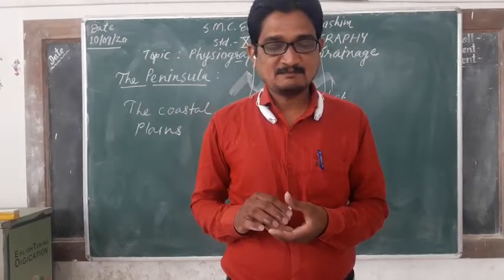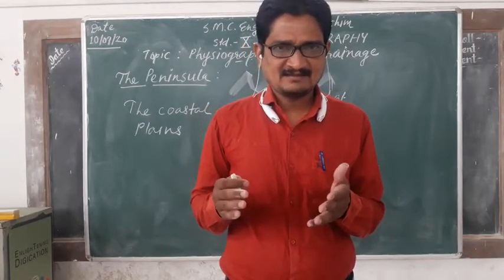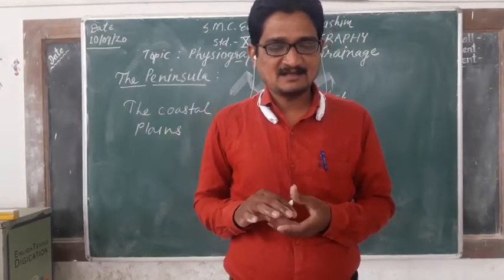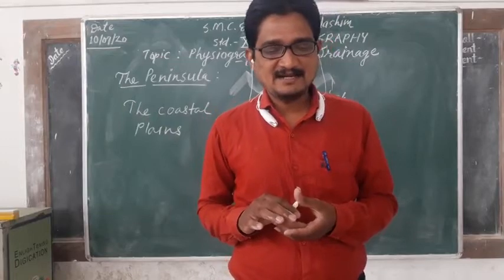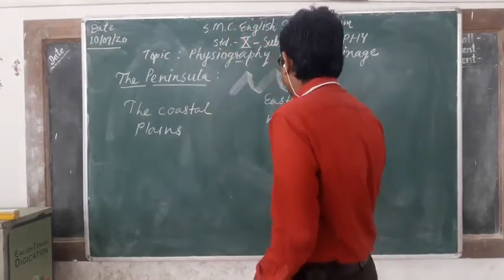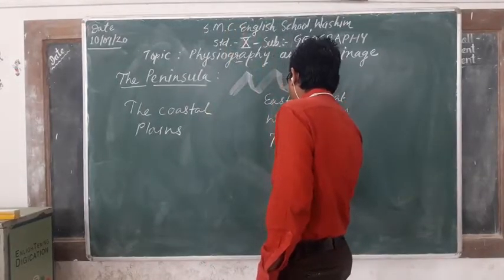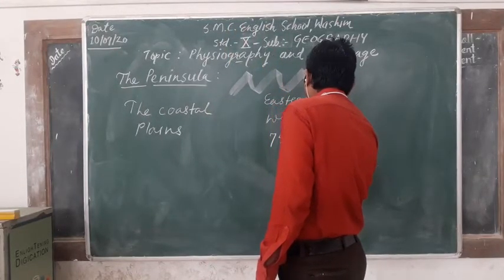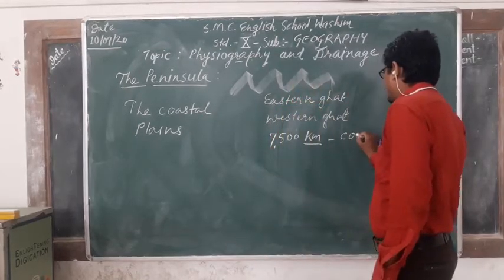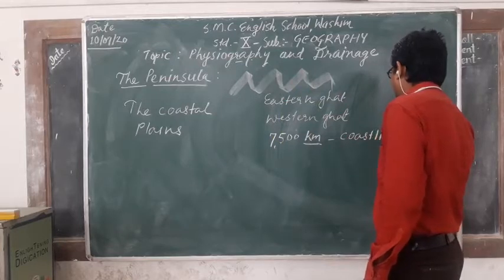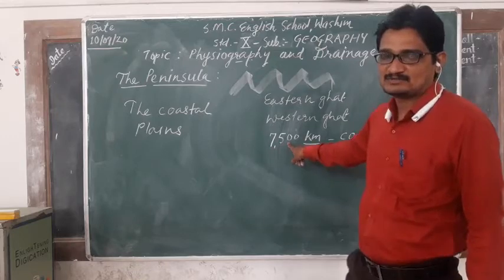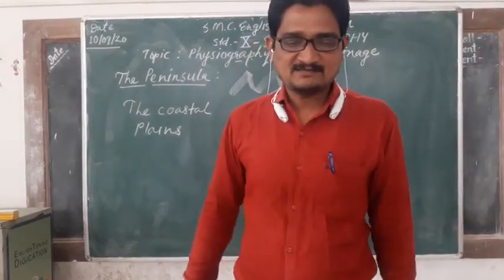We have such a long coastline. Note down this number. That is the coastline of India, 7,500 kilometers. We are blessed with that.